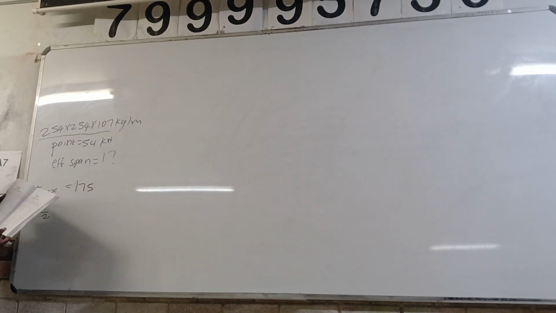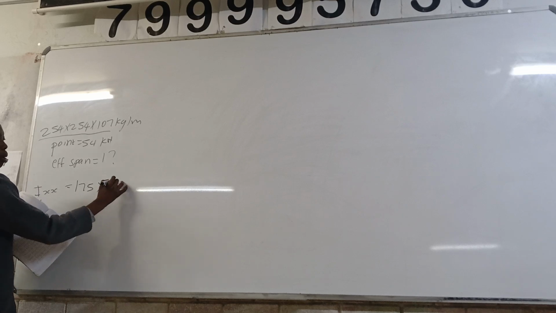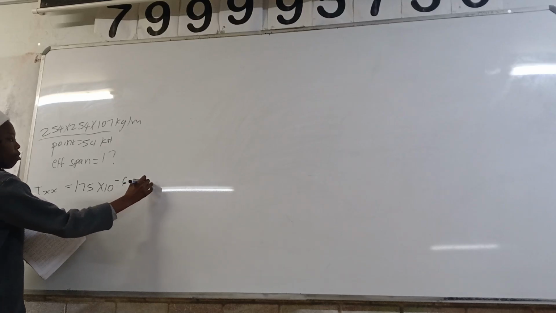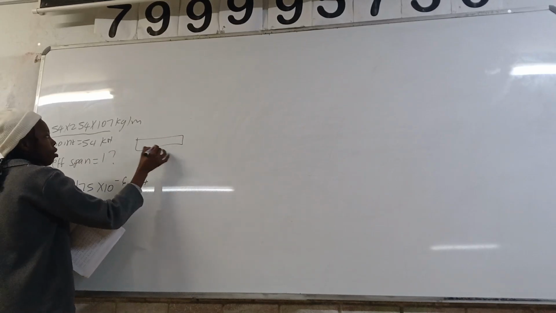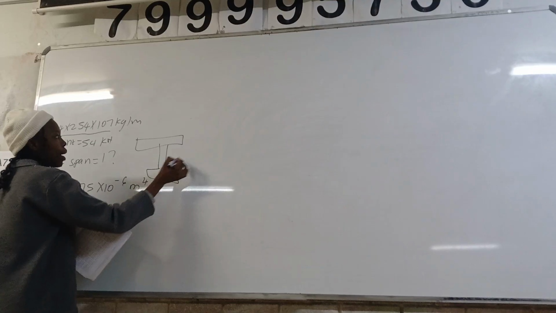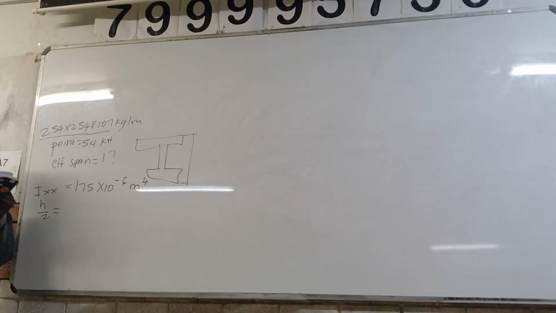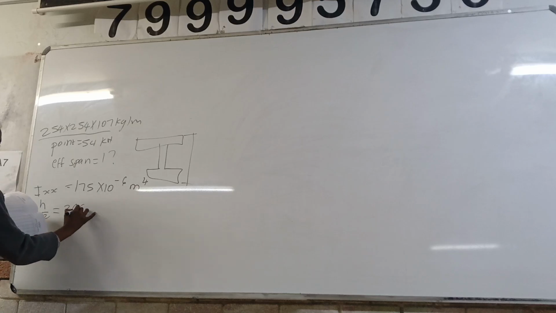It is 175. It has an SI unit, so we multiply by 10 to the power negative 6, in M4. Okay, and then H divided by 2. What is our H? The value is 266,7.